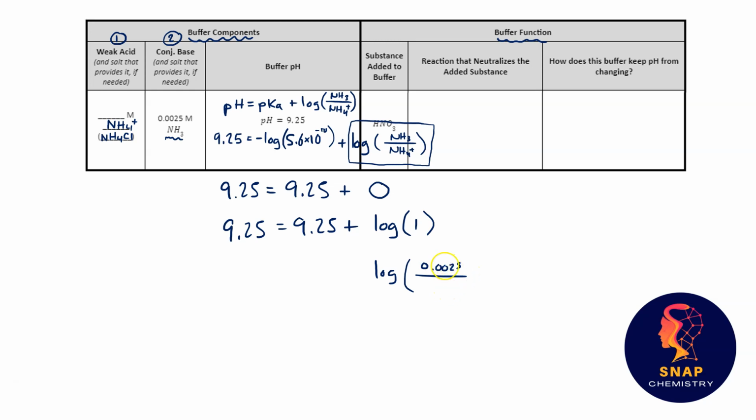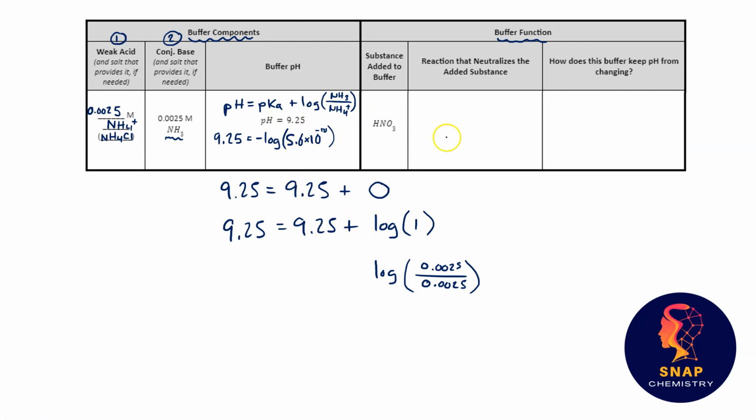The only way for this to be a value of 1 is if my acid concentration is the exact same value, 0.0025. Now I know not only that I need to add NH4+, I need to add NH4+ at a concentration of 0.0025. That's going to give me this exact pH of 9.25.